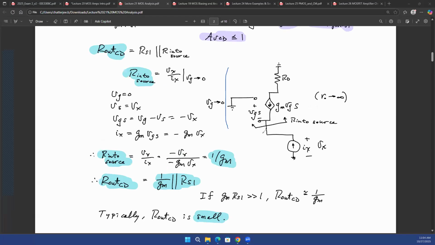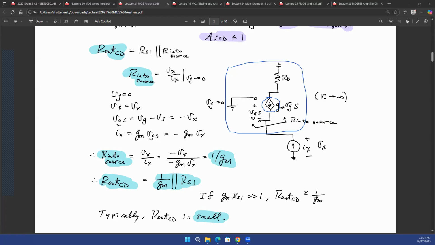So this is your MOSFET with your gate terminal grounded, because you wanted to get rid of the input independent voltage source. The dependent current source remains, because when you find the Thevenin equivalent resistance, you get rid of all the independent voltage or current sources, but you don't get rid of dependent voltage or current sources, right?